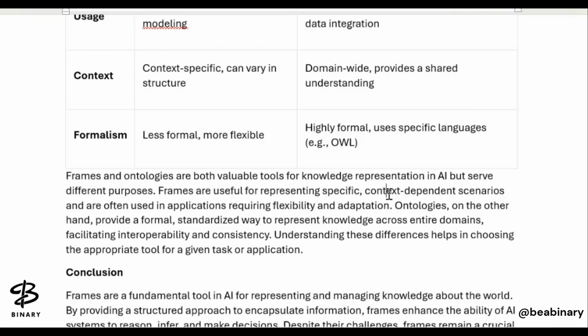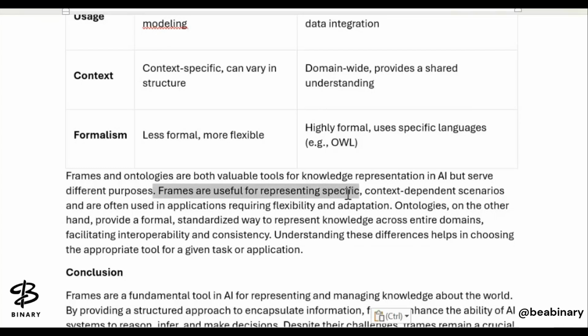When we are talking about complex representation, ontologies are very essential for organizing and interpreting complex information by defining a clear relationship between the concepts. So you can say that we use ontologies in applications where complexity is needed. Frames and ontologies are both valuable tools for knowledge representation in AI, but serve different purposes.